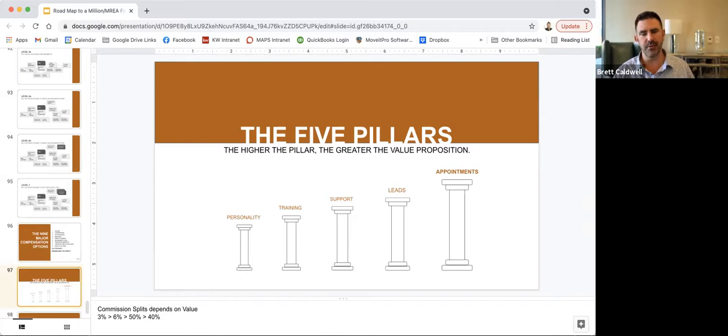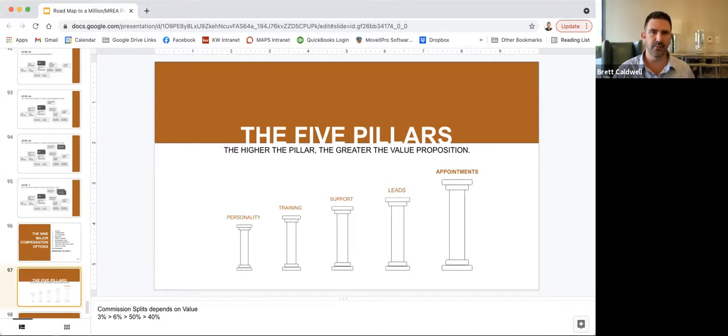Well, then the third level, which is where I think most teams need to make sure they're solid, is around support. If you come work with me, all the marketing's handled, all the transaction coordination's handled, all the paperwork's handled, scheduling's handled, my support mechanism, my operations is solid. And it's a lot of value I bring to the table for you around those things.